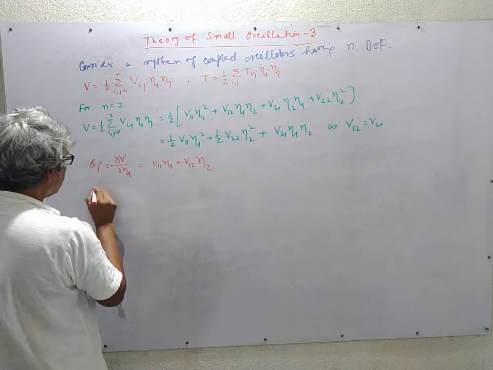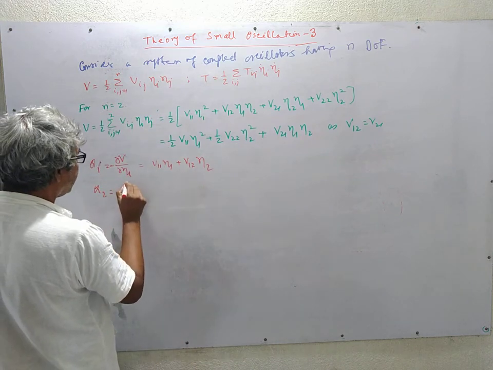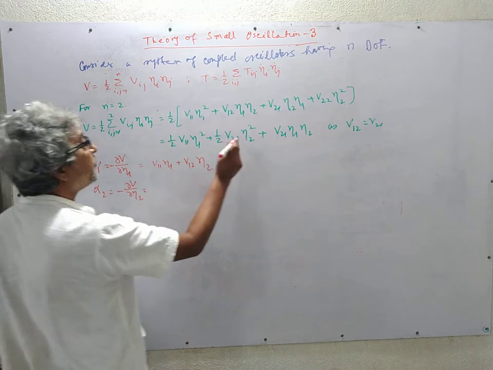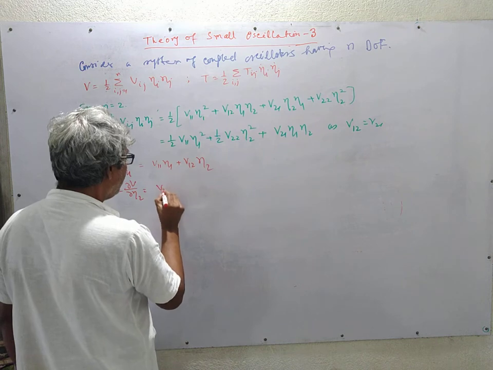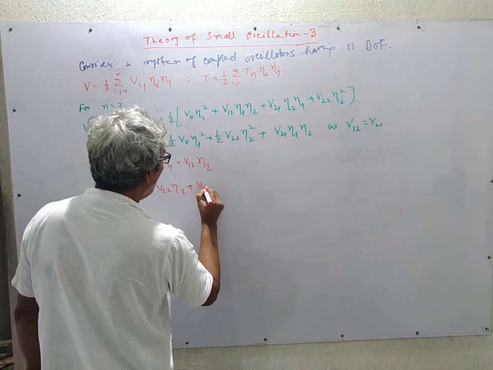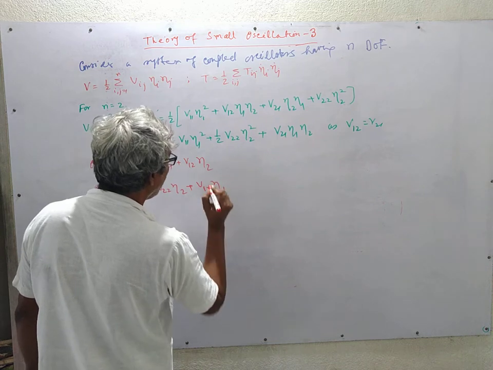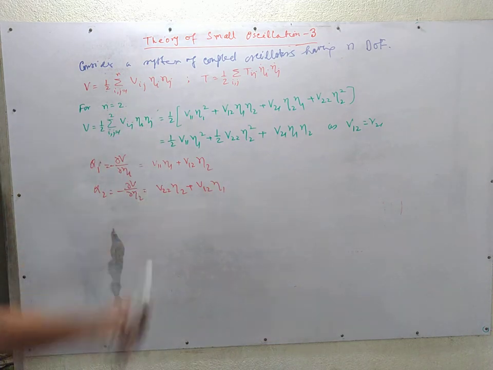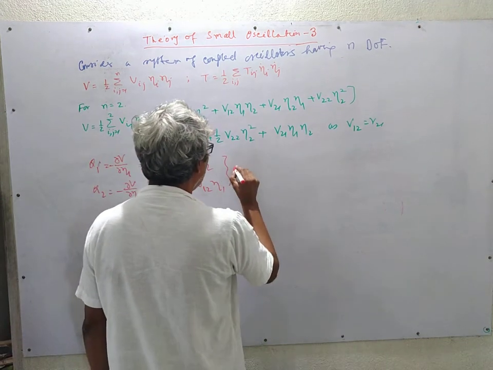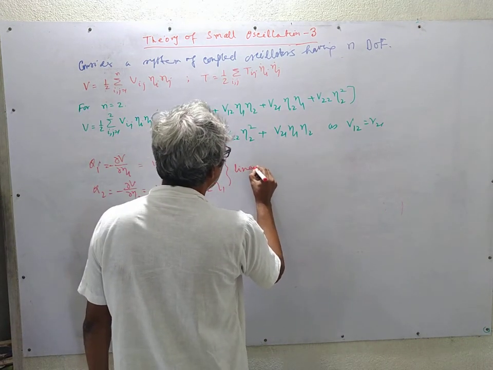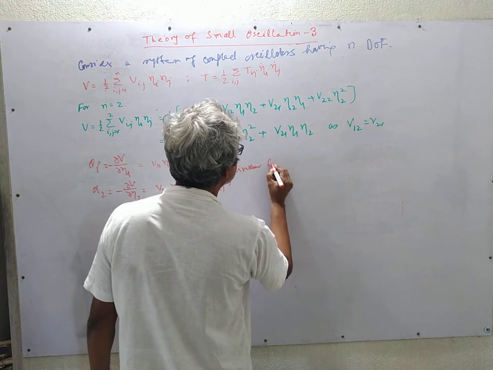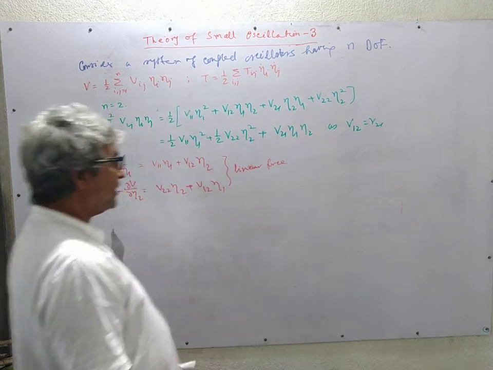Similarly, the force Q2 is equal to minus del V del eta 2 is equal to, from this we get V22 eta 2, and from this V12 eta 1. So we get the expression. These forces are linear, the linearized force.